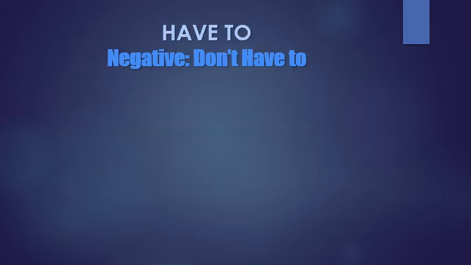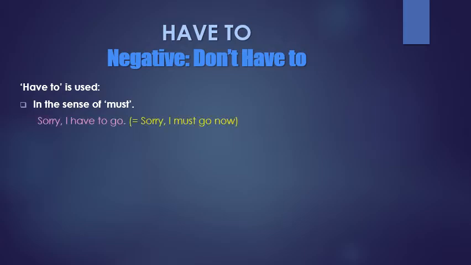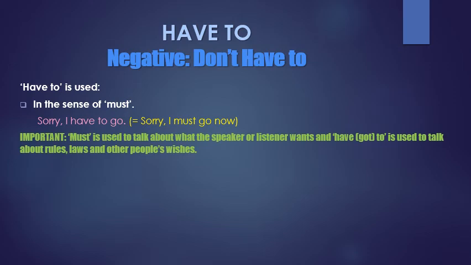Alright. Next is have to. The negative form of have to is don't have to. Have to is used in the sense of must. Something is compulsory, something is mandatory. Sorry, I have to go. That means sorry, I must go now. Important, must is used to talk about what the speaker or listener wants.